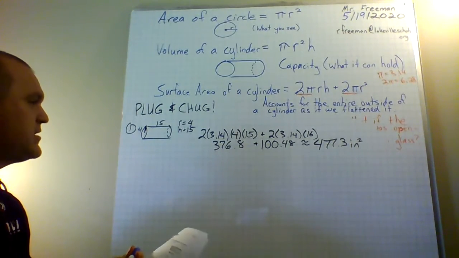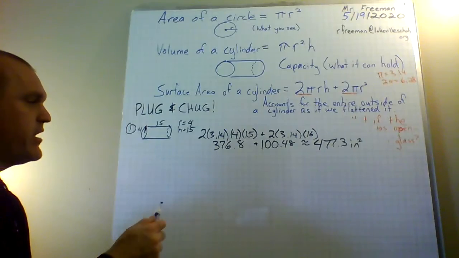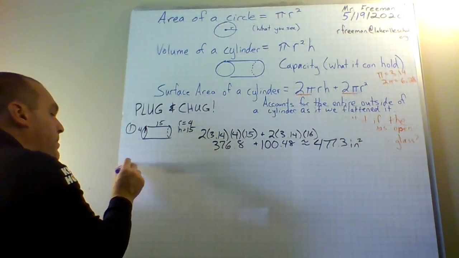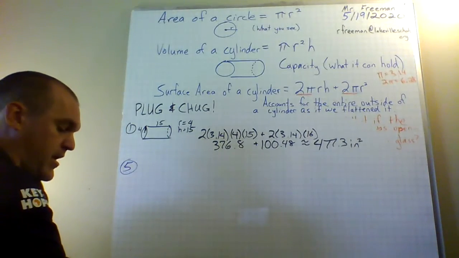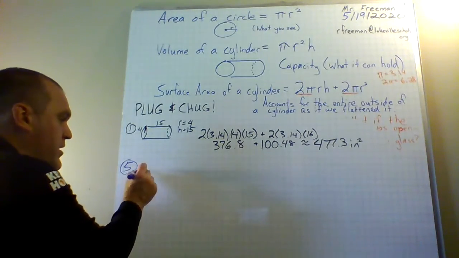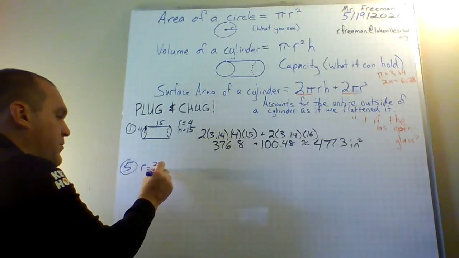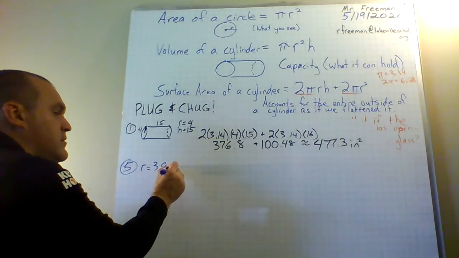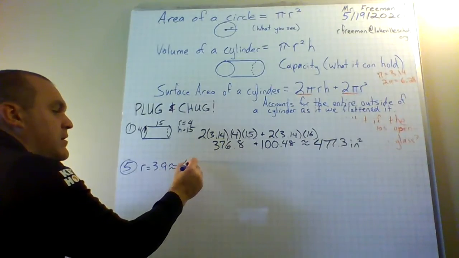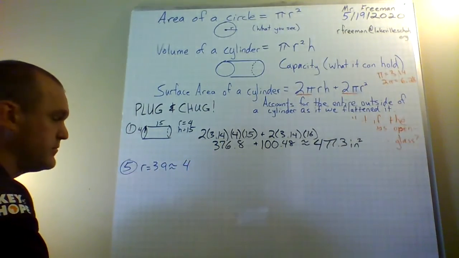Number 5 is nice because they tell us to round everything off. 5 gives us a cylinder, and I'm going to kind of shortcut a little bit, but if you notice it says my radius is 3.9. Okay, well if we're rounding, 3.9 is darn close to 4.